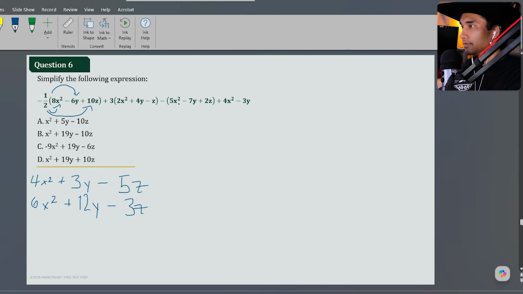Okay, the next one, and this one's tricky because there's no coefficient there, but actually there is. How I visualize it is it's negative, and I like to put a 1. I like to put a 1 there. And then let's rewrite this out so you know what I'm doing.